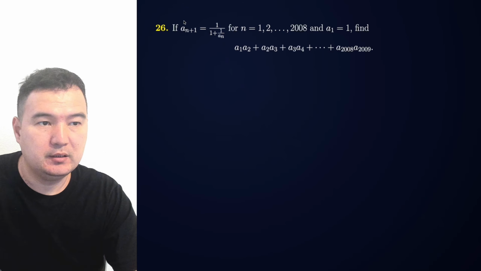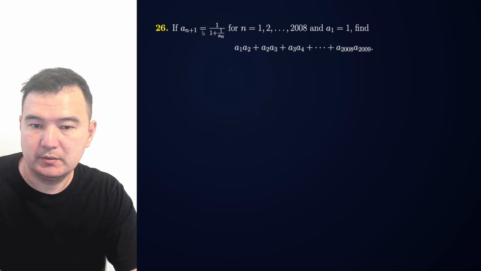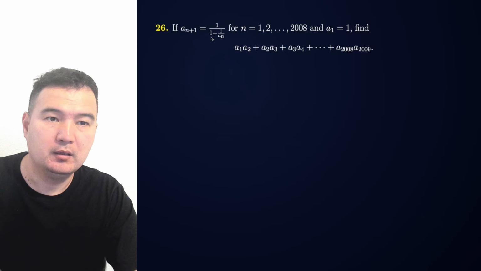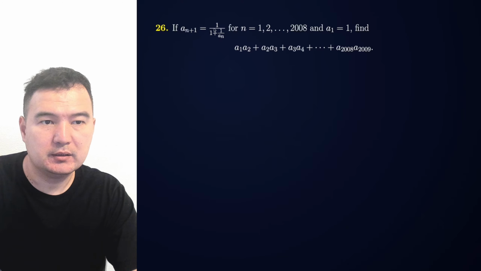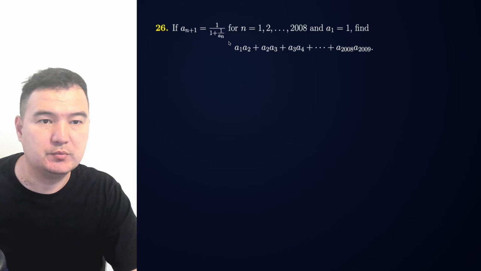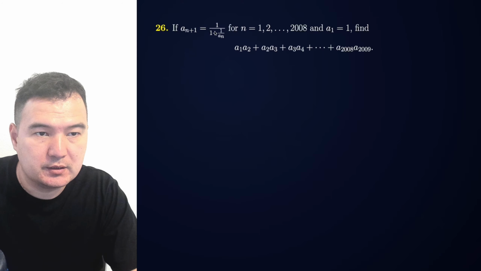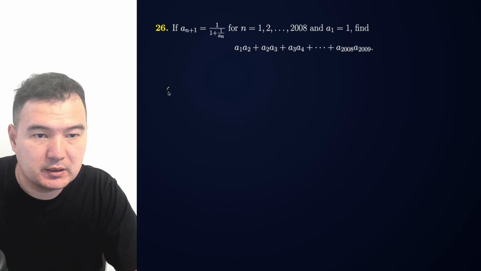In this problem, we are given this expression, the relation between an plus 1 and an. Let me simplify. I don't like these fractions. Let me simplify it and then probably try to get a product of two consecutive terms of the sequence. So what will be the fraction here?